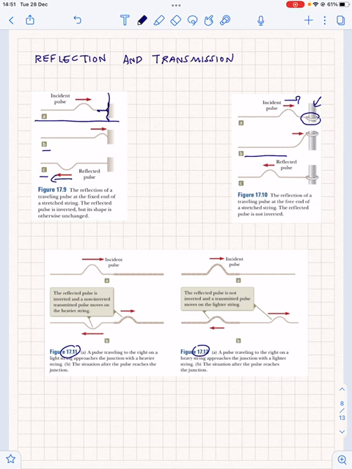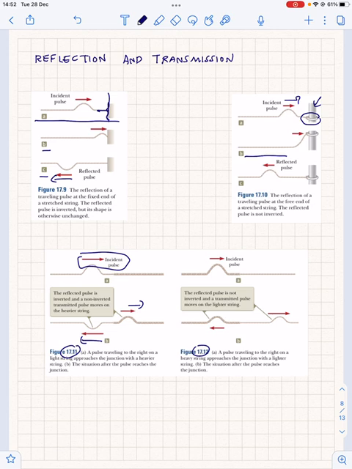In our case here, a pulse is traveling on the light string, the incident pulse, and then reaches the boundary between the light string and the heavier string. From here we can see that part of the pulse is reflected, part of the pulse is reflected inverted, and part of the pulse is transmitted to the heavier string. The reflected pulse here is inverted because of what we discussed earlier.